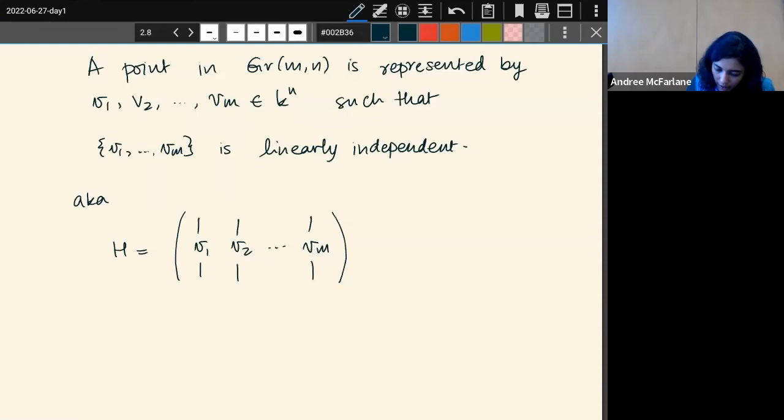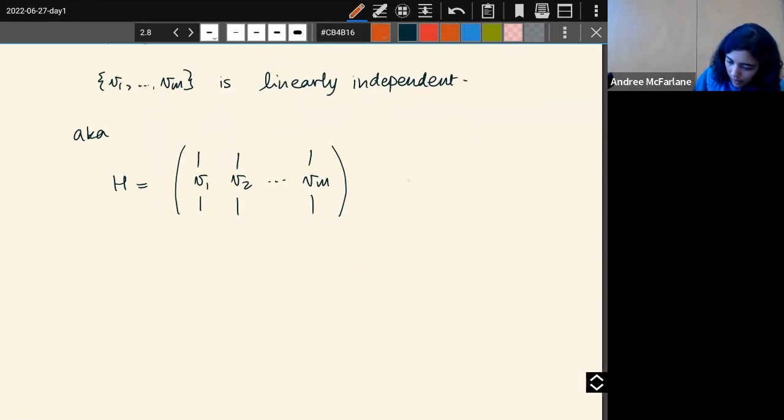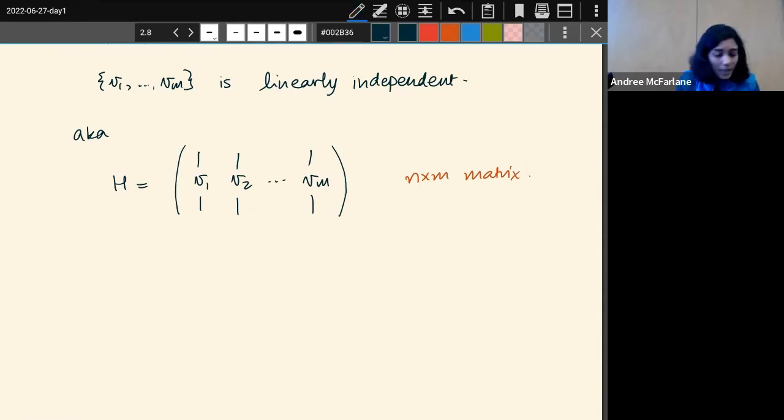So as written, it's n by m. Okay, but of course, this is not a unique specification because each vector space has many bases. And so I can change bases and I will still get the same point in the Grassmannian. So how do I know if I have the same point? Well, I have the same point if and only if I have changed bases of the same vector space.